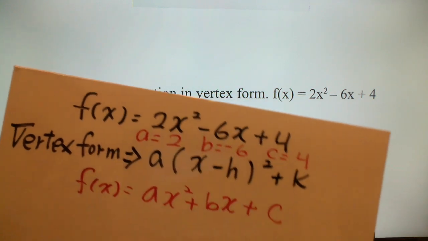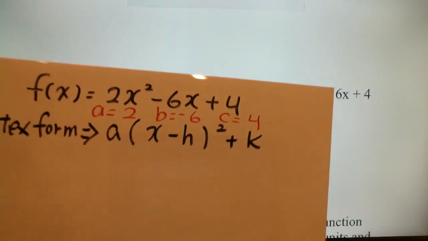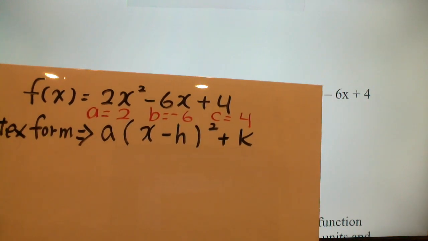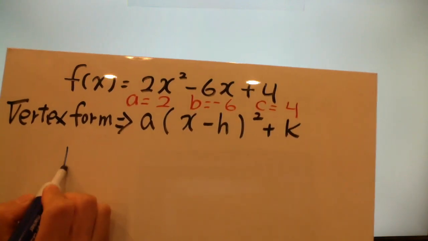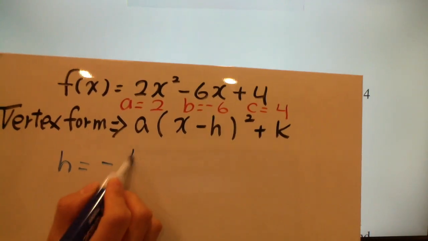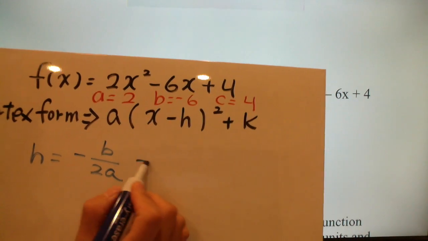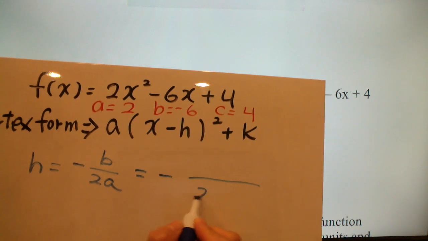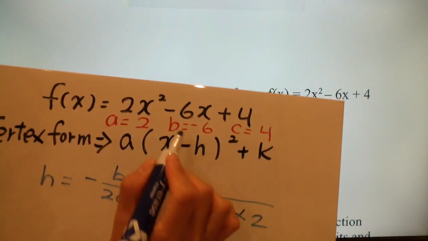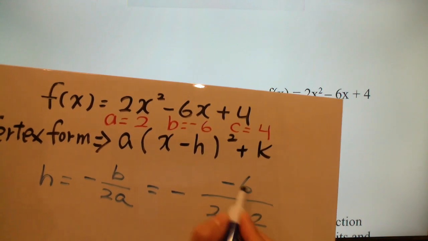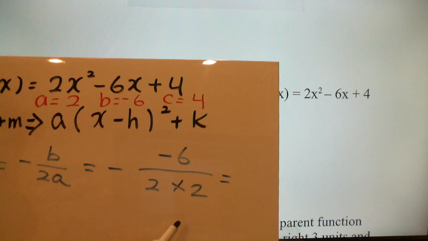Okay, so I will make some room and I will erase this. So let's go find h first. H is -b over 2a. So a is right here, b is right here.